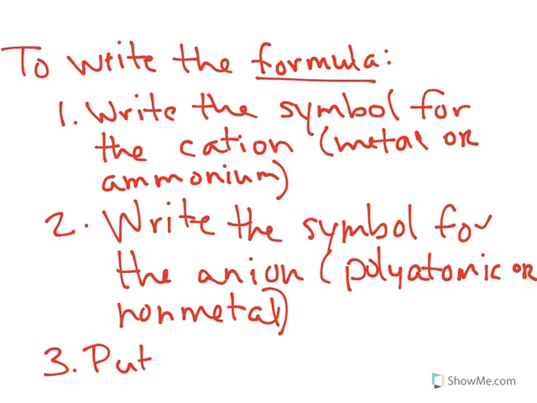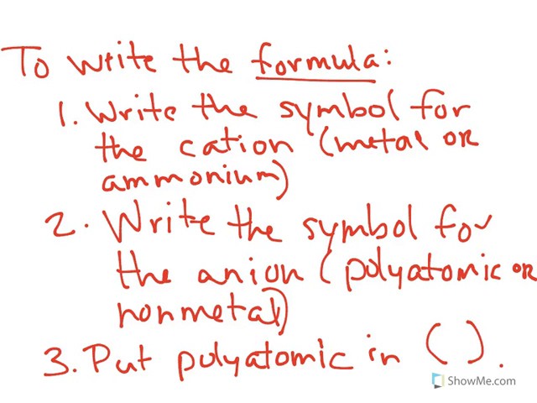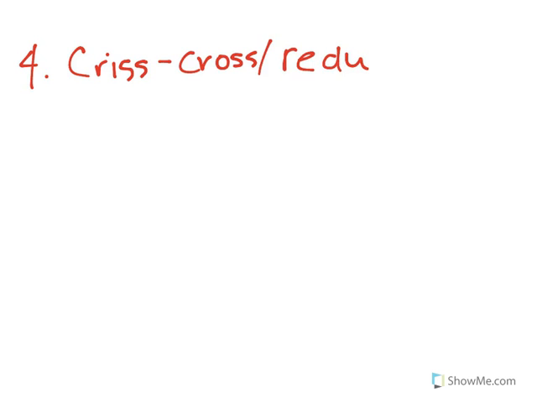Put the polyatomic, whatever polyatomic you have, whether it's ammonium or it's one on the end, it's an anion, you're going to put it in parentheses. Okay? And then step 4, crisscross and reduce if needed. So same as yesterday, the only difference is the polyatomic goes in parentheses before we do the crisscross. All right, so let's try one of these.